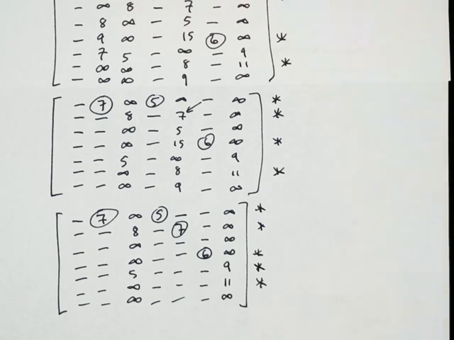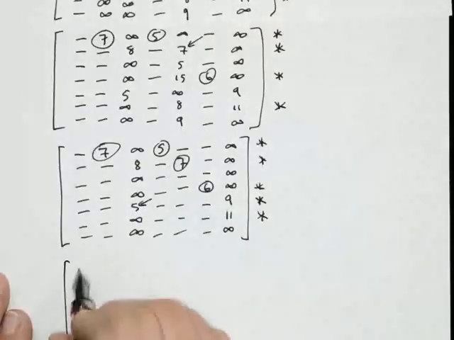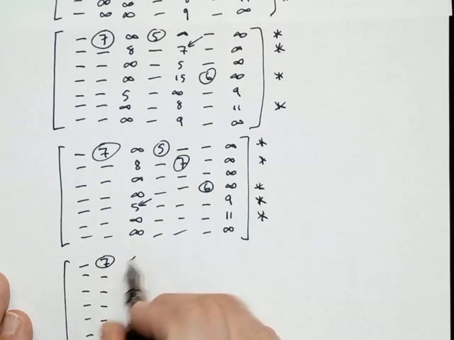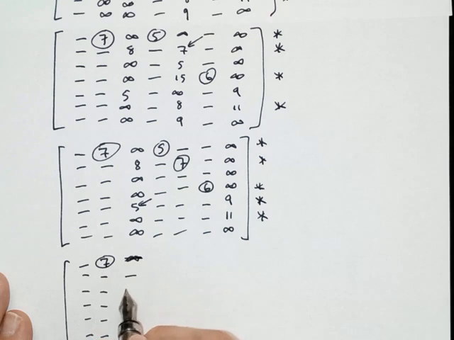The 5 in row 5. Here we go again. Nope, that one's going to get dashed out.